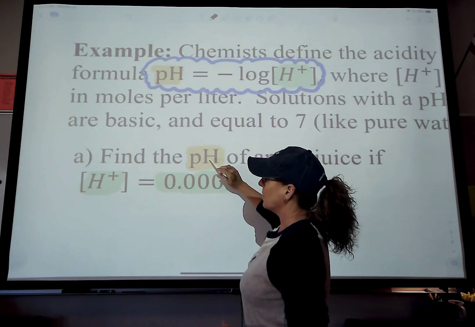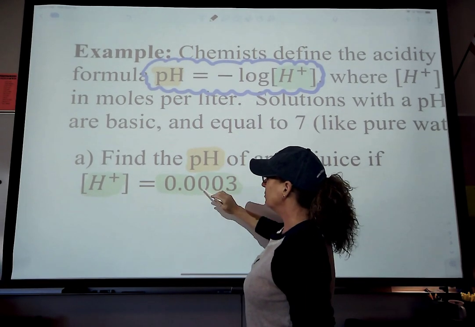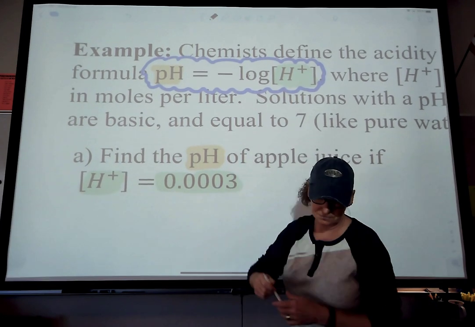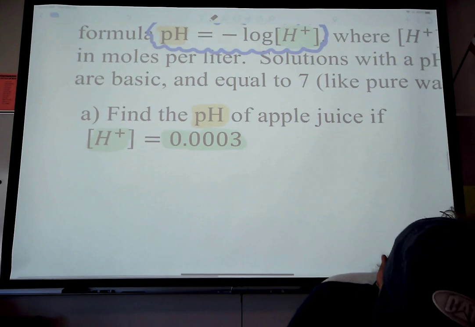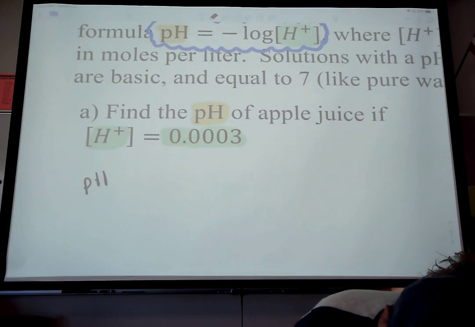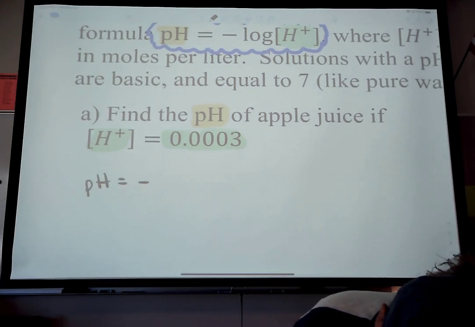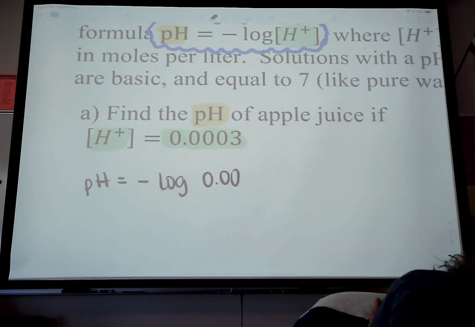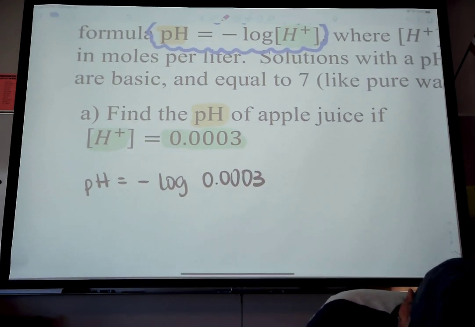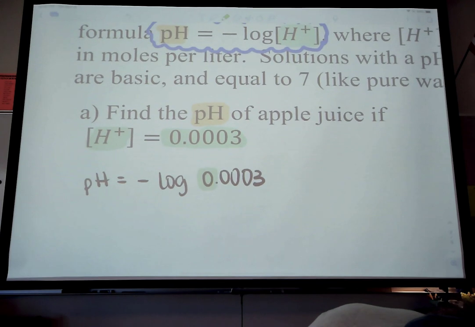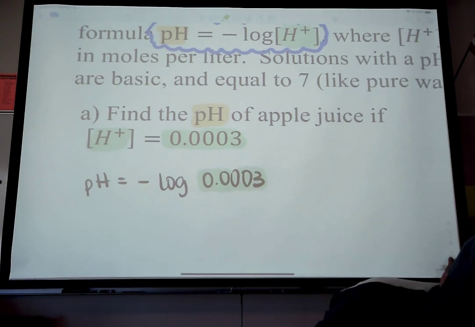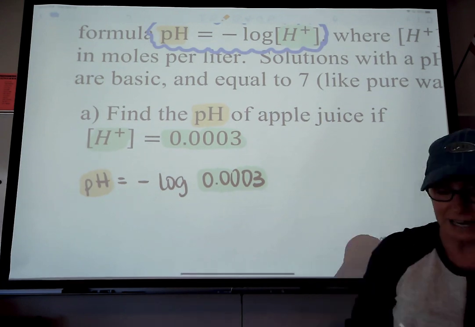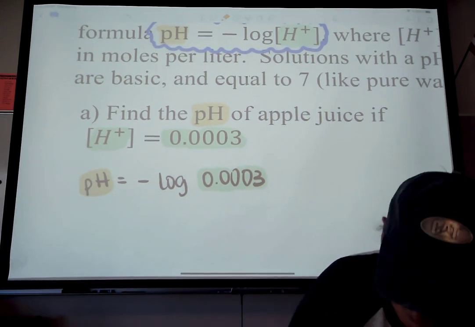It's saying, part A says, find this when you sub in this here. Okay, so hopefully you can see that that number gets subbed into my log, and what I get out of it is my answer.